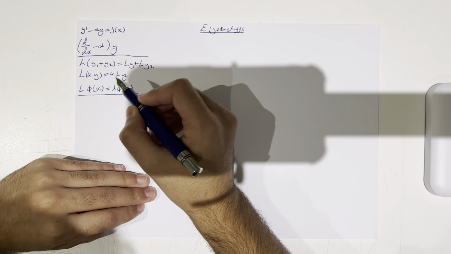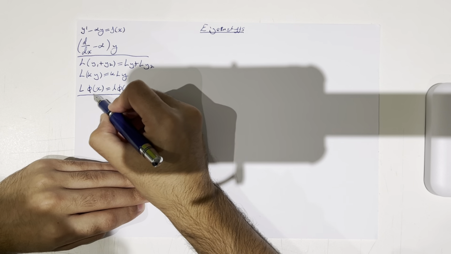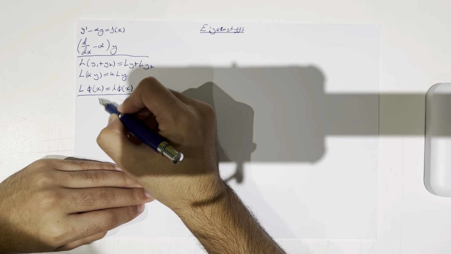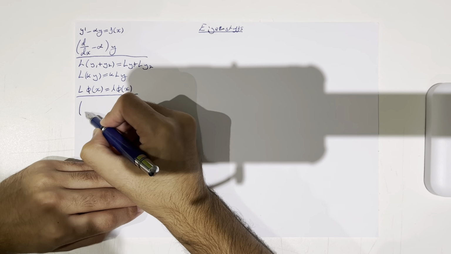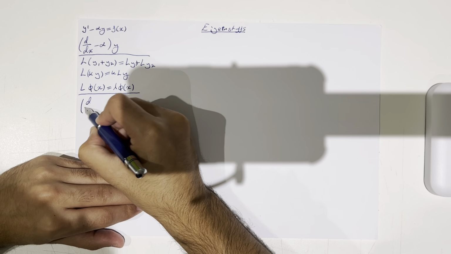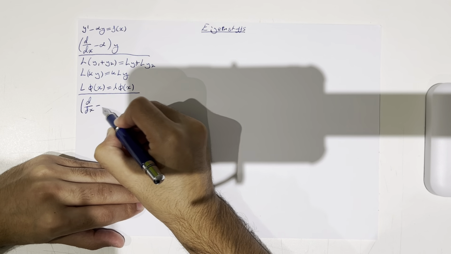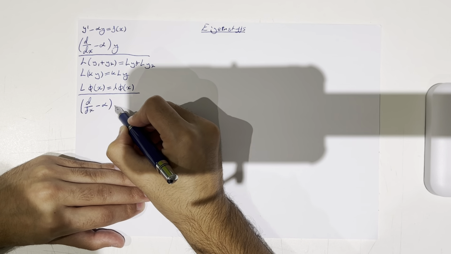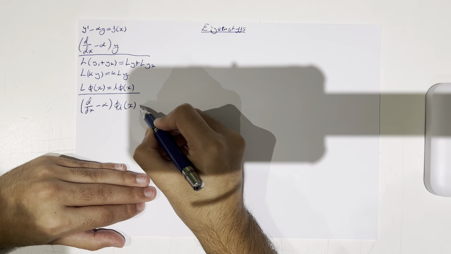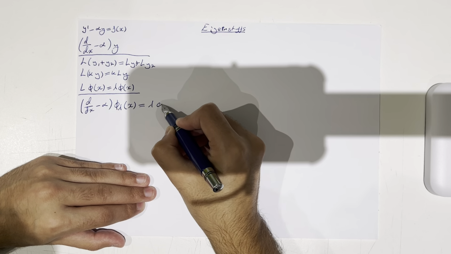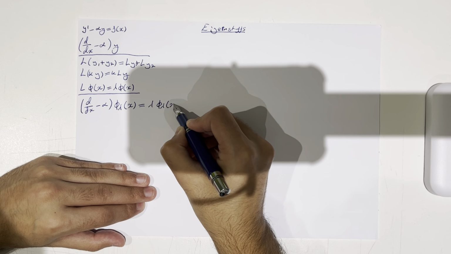So we'll write phi sub lambda of x as the eigenfunction. So we'll write this: d over dx minus alpha times phi sub lambda of x equals lambda times phi sub lambda of x.